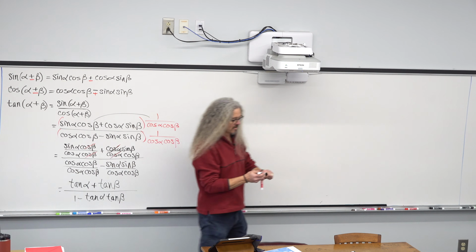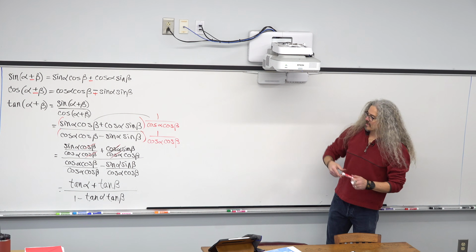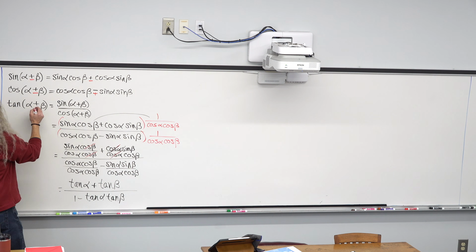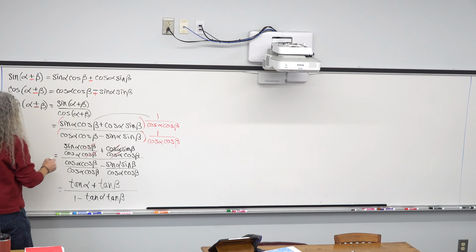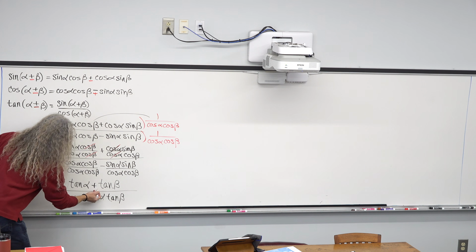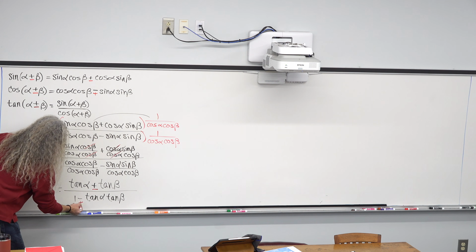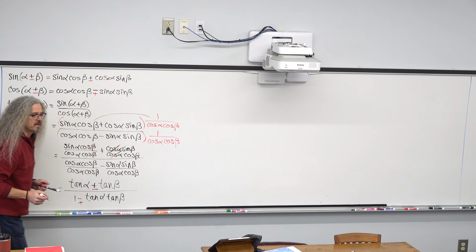So now we have our tangent of alpha plus beta is the tangent of alpha plus tangent beta over 1 minus tangent alpha tangent beta.